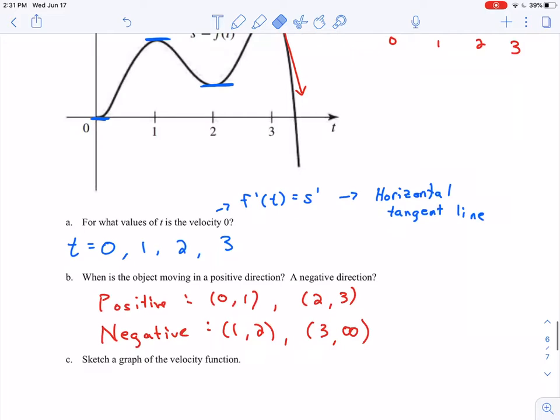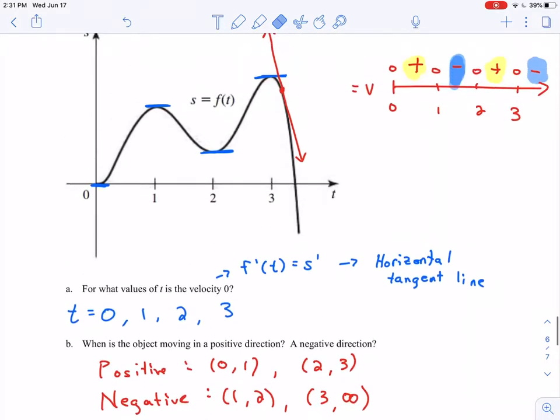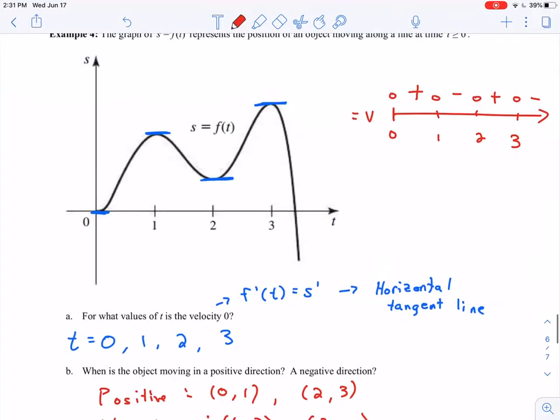Part C says to sketch the graph of the velocity function. So I want to sketch the graph of the velocity function. Oops, let me get rid of these. And oops, I lost my plus sign. There we go. Okay, and let's get rid of this. So I'm going to draw my velocity function in red here.